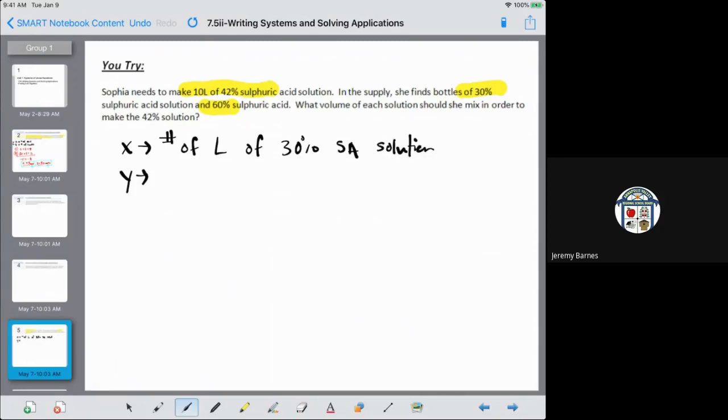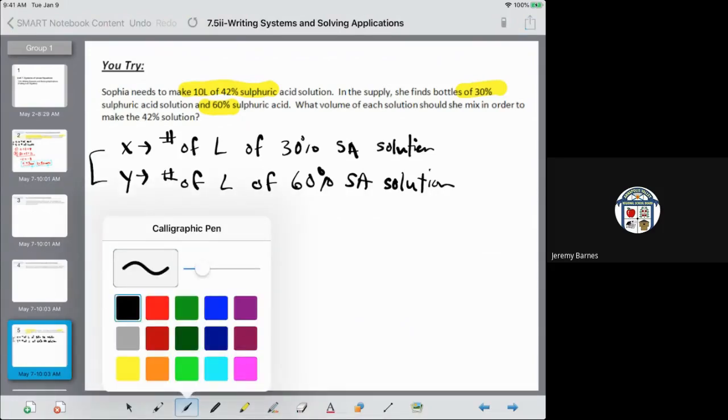We need to figure out how much of each of those we're going to use, so we need to know the number of liters of the 30% solution and also the number of liters of the 60% sulfuric acid solution. So those are our two variables. That's what we want to try and figure out.